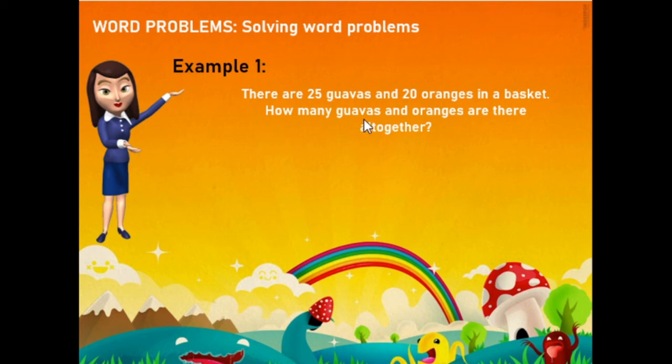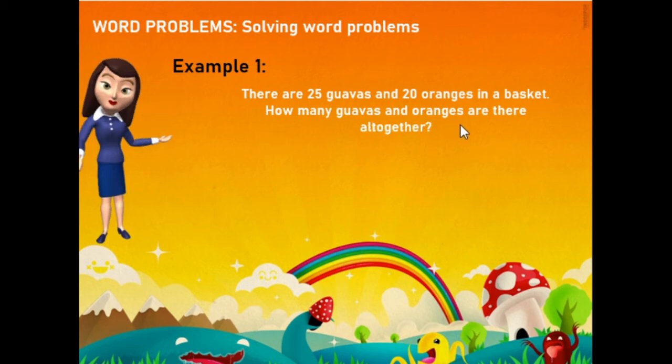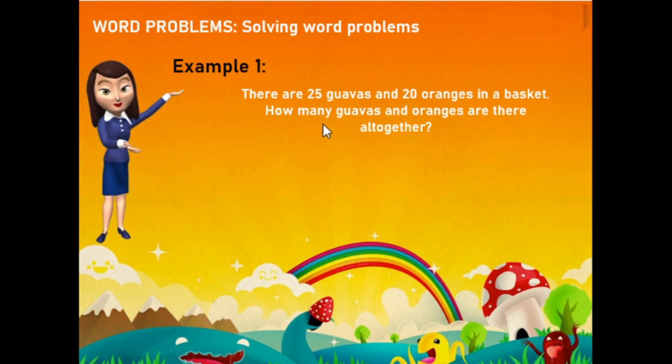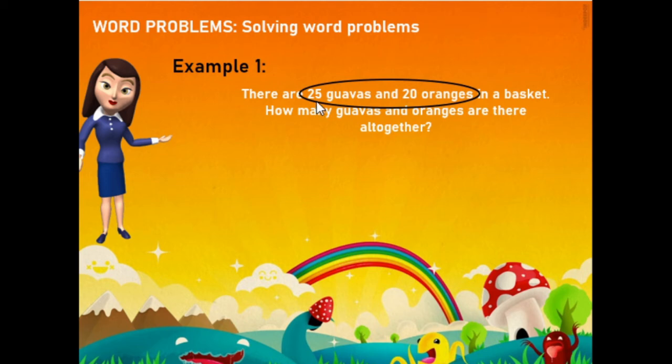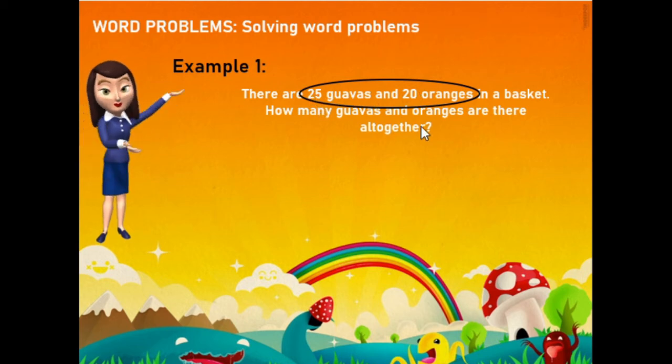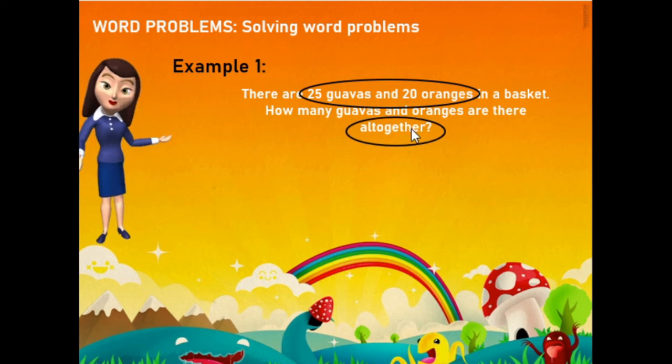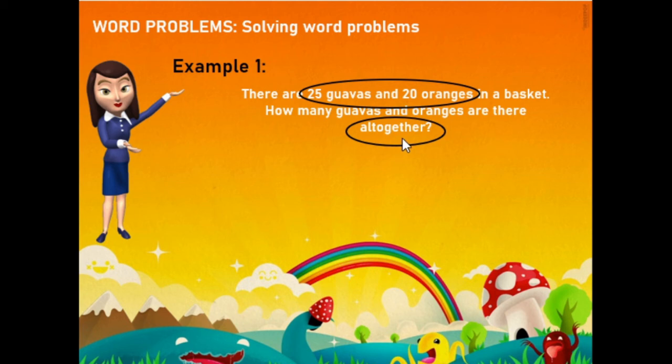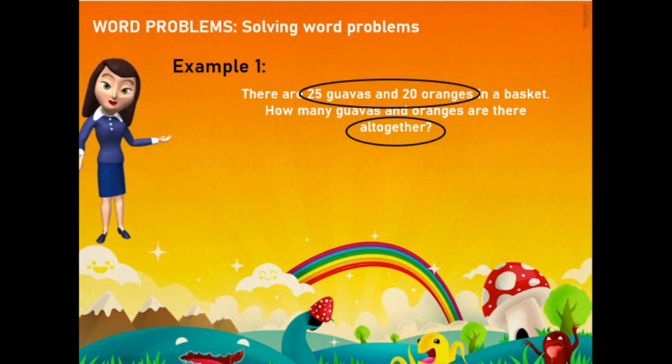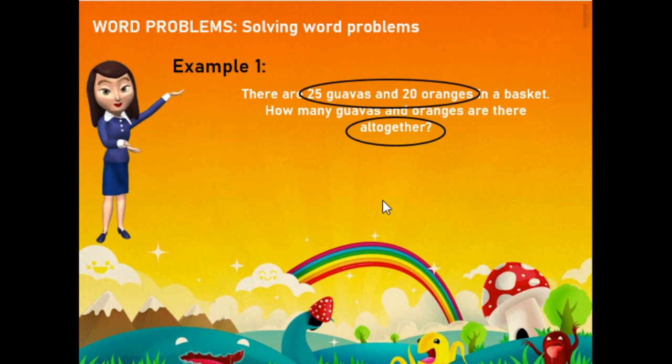How many guavas and oranges are there altogether? Take note of the important information like 25 guavas and 20 oranges and the word altogether. Altogether can be a keyword that you are going to use the addition process.